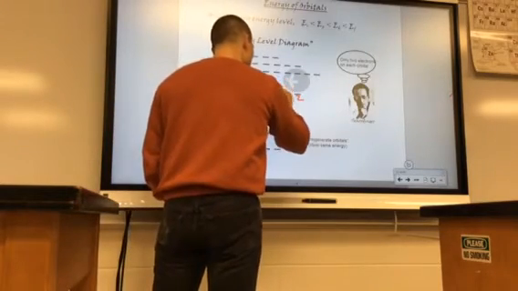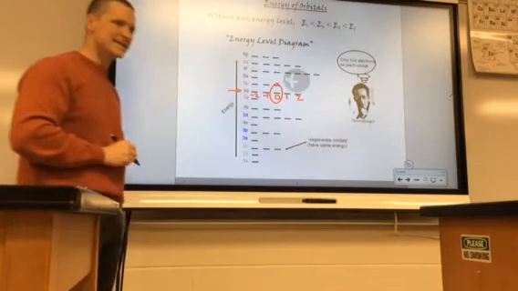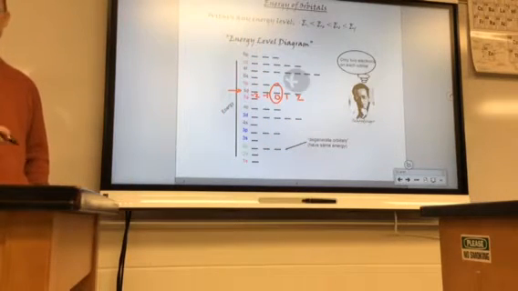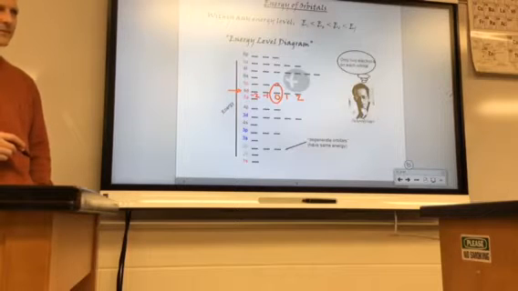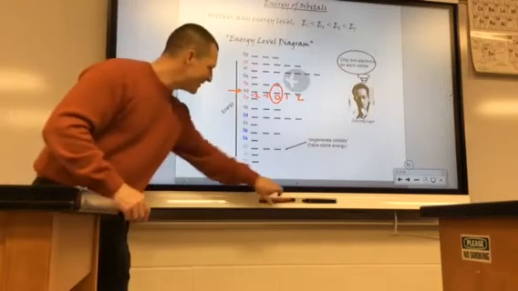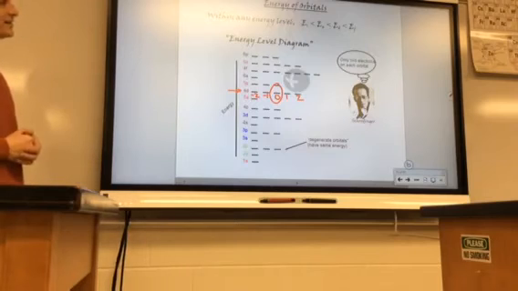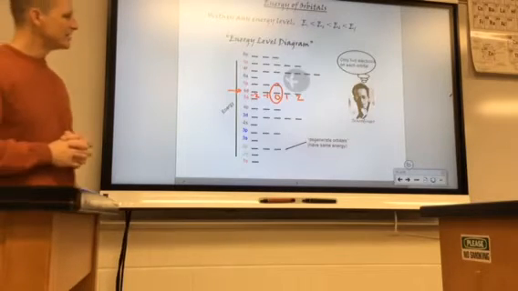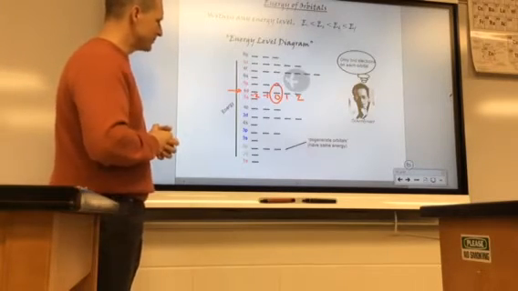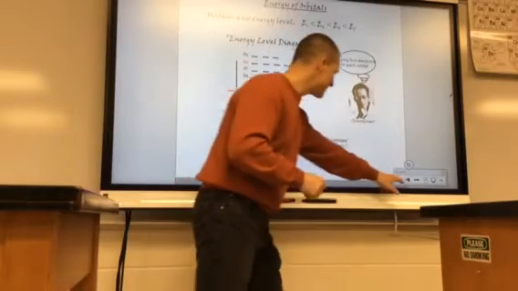Now we're talking about m sub L equals 0, and it's that line right there. There's room for 2 electrons. Okay, so that's just the little quantum number practice.